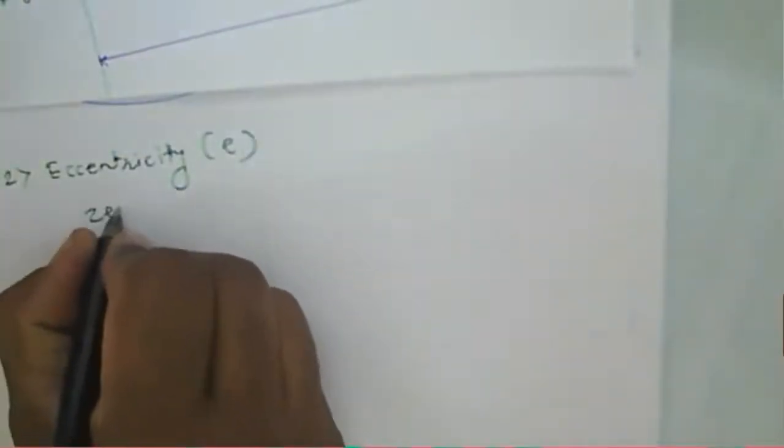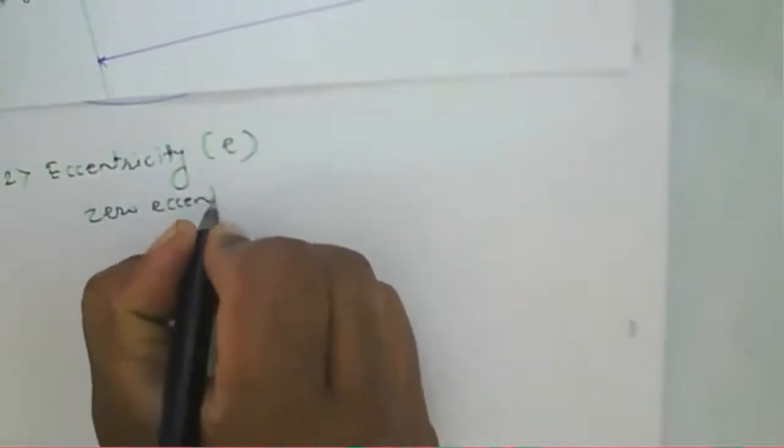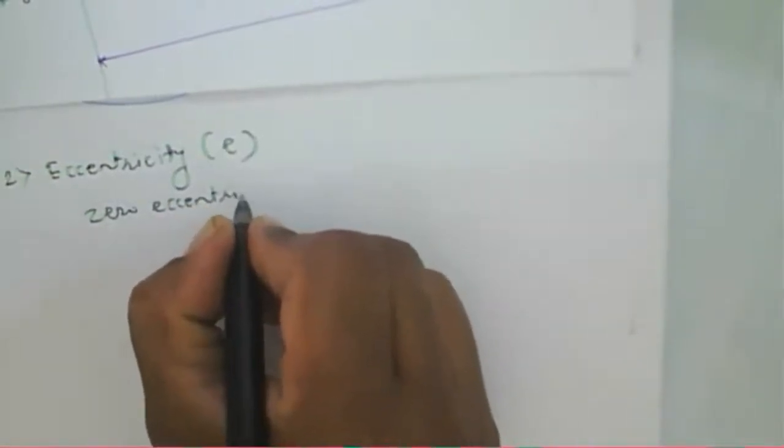So your orbit will no longer be an ellipse; it will be a circle.